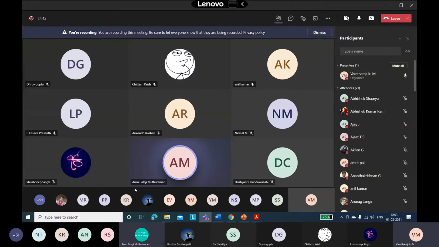Before, GAIL was a part of these 50 companies. Now GAIL has been removed and Tata Consumer Products has been included. Okay. Any other information?